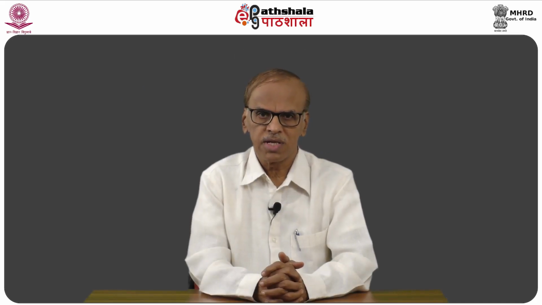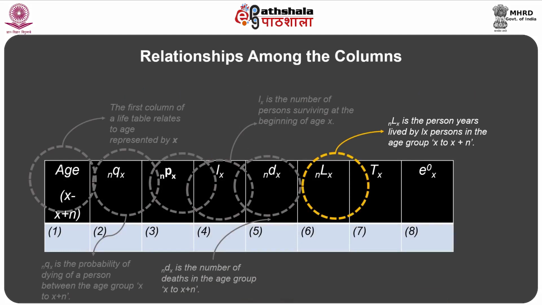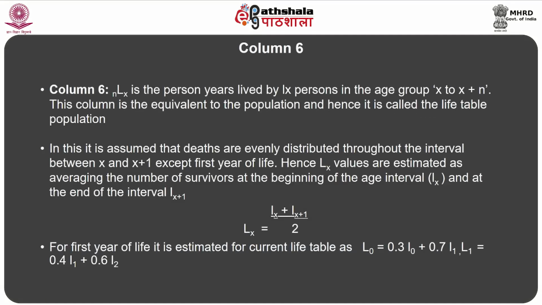Column number 6, capital nLx, is the person-years lived by small lx persons in the age group x to x plus n. This column is equivalent to the population, and hence it is called the life table population. In this, it is assumed that deaths are evenly distributed throughout the interval between x and x plus 1 except the first year of life.